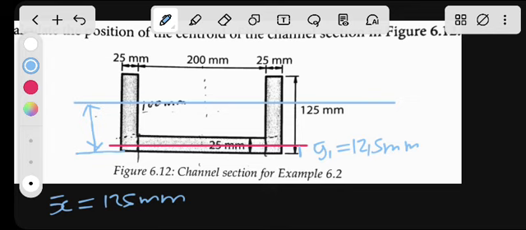That will be 125 divided by 2, which is 62.5 millimeter. Since this portion and this portion are the same, y2 bar will be the same as y3.